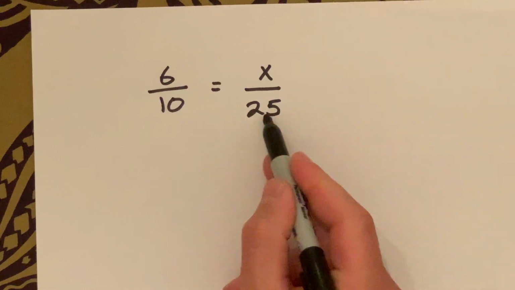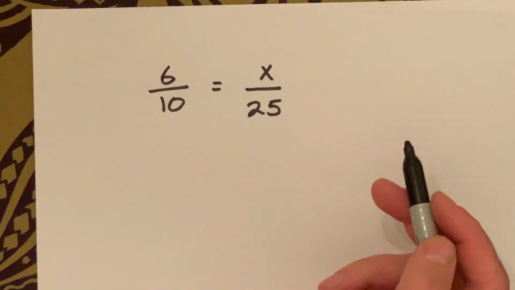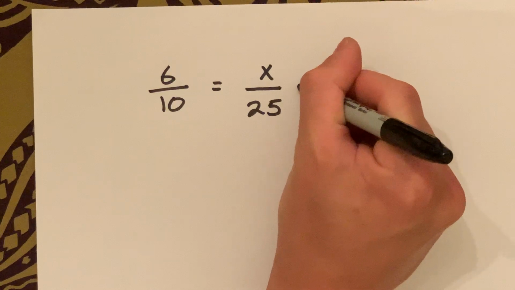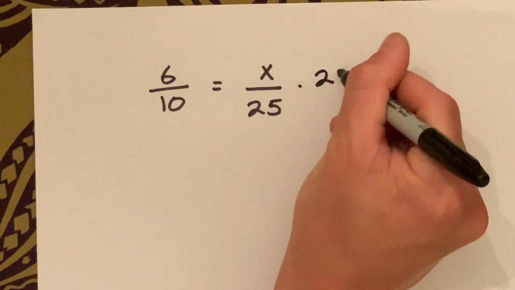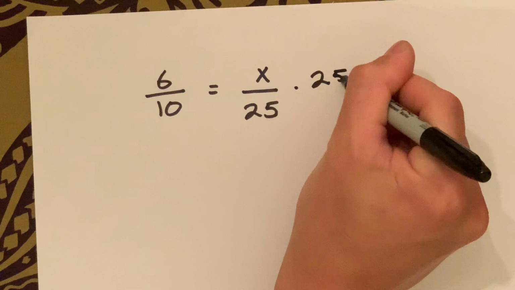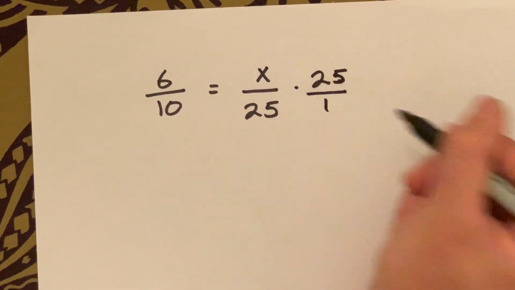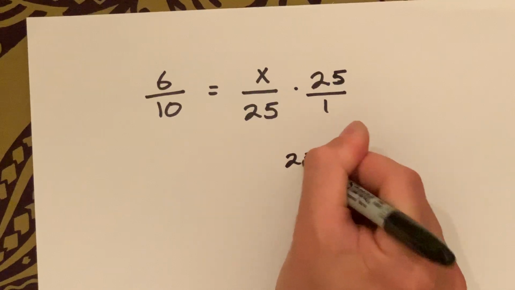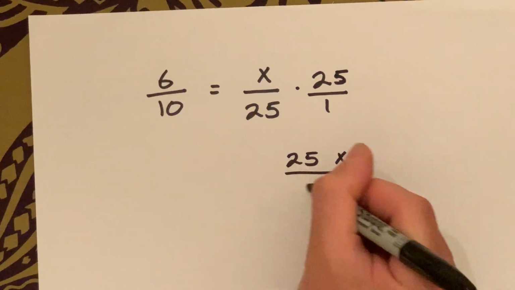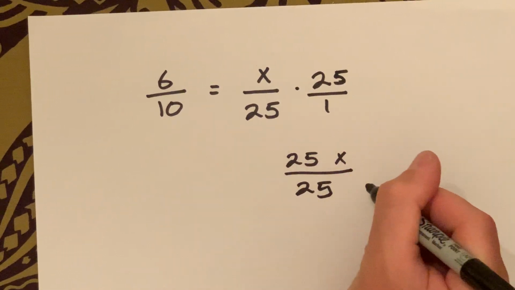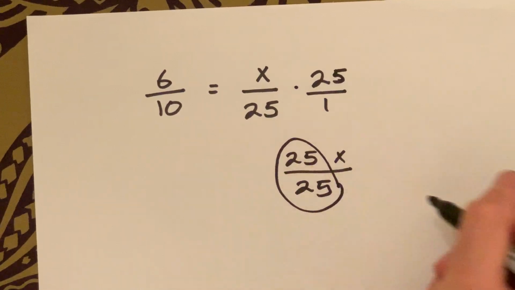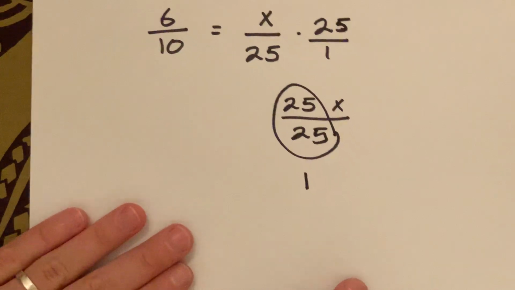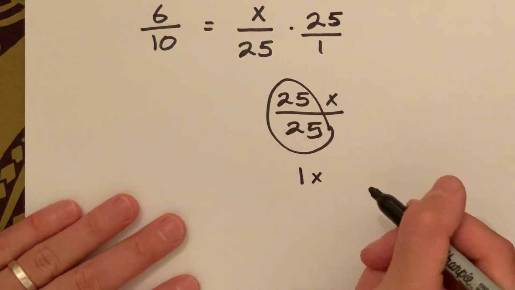So what if I multiply it by 25? Because 25 will end up being 25 over 1, and then this is going to be 25x over 25. And then these will end up turning into 1. And then I'm going to have just x, or 1x.